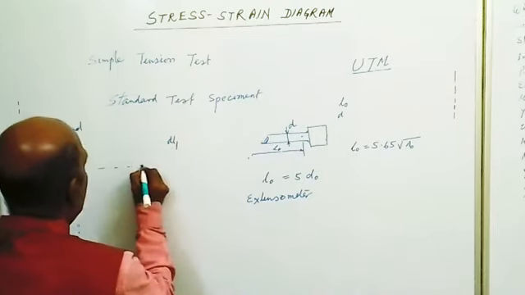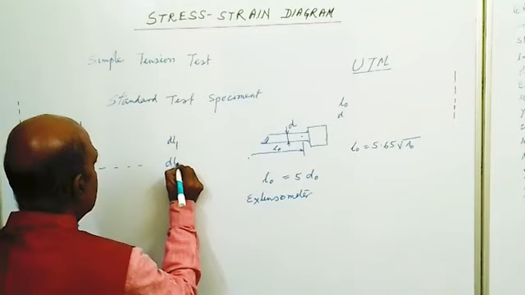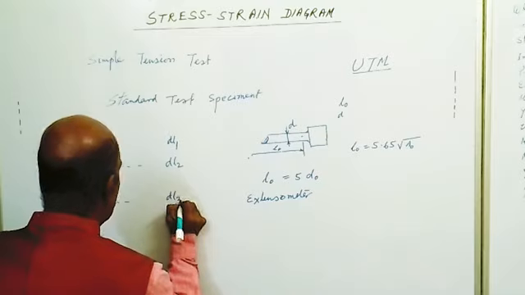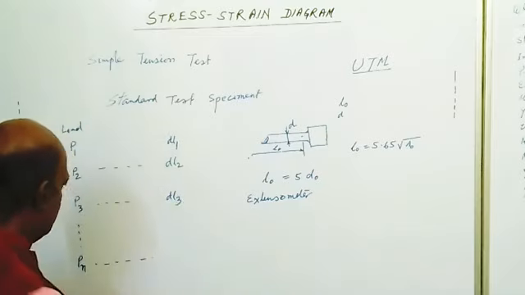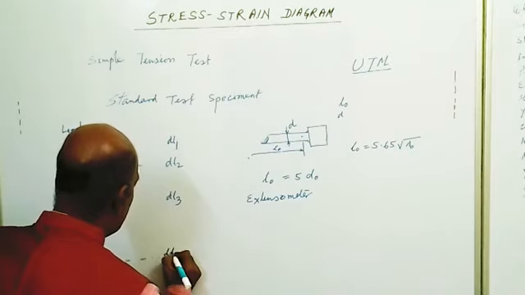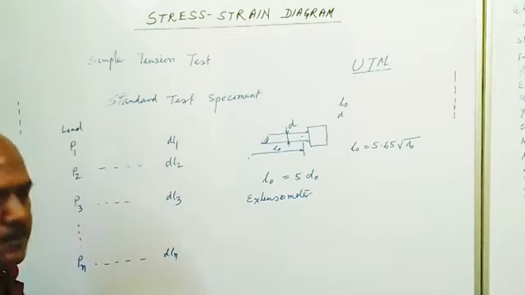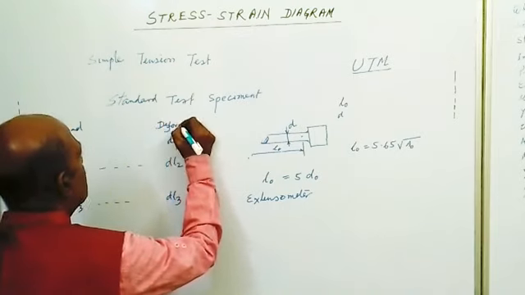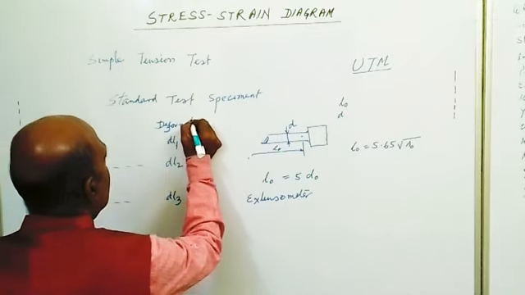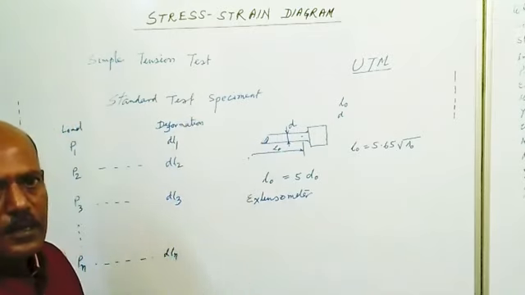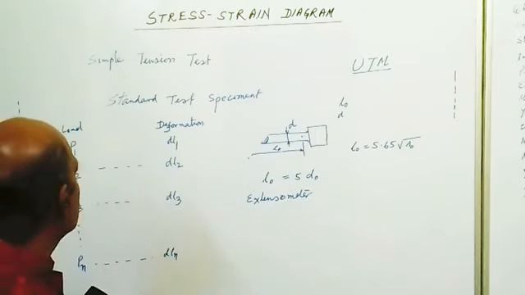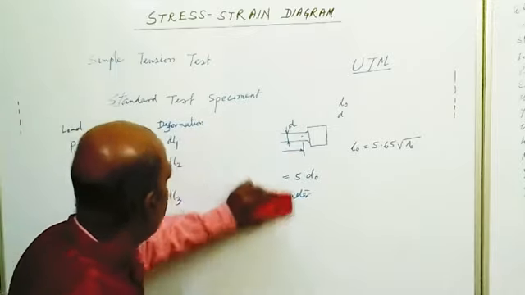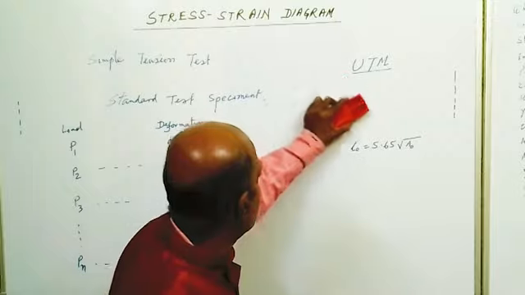At this point when the load is P2, say the extension is dl2, and when the load is P3, say it is dl3, and when the load is Pn, let the deformation be dln. So the standard test specimen is attached to the UTM machine, load is applied over the specimen, and at various load points we have measured the deformation.